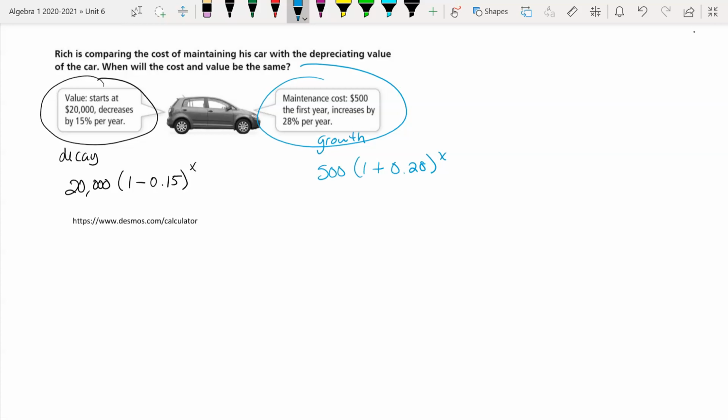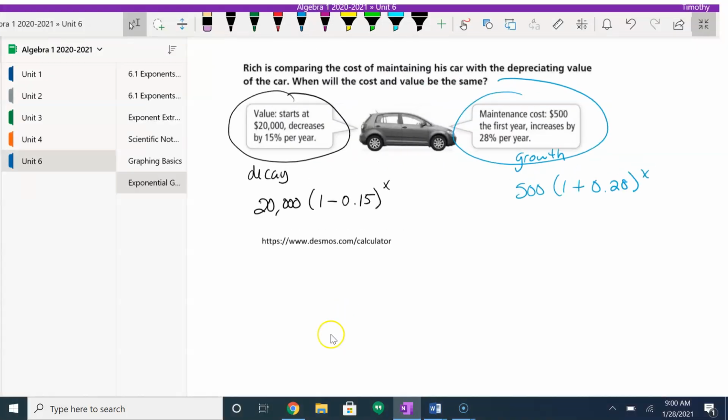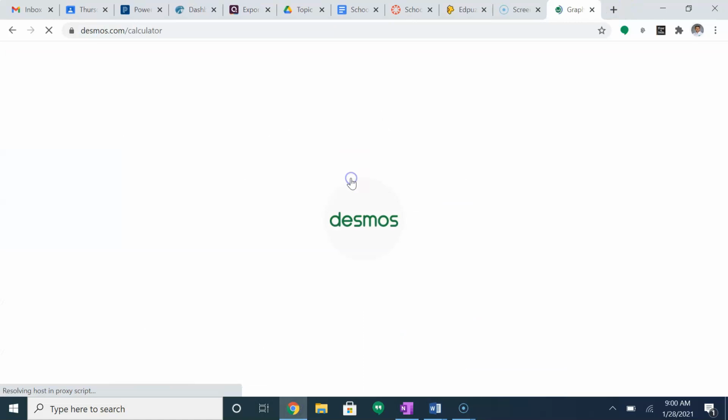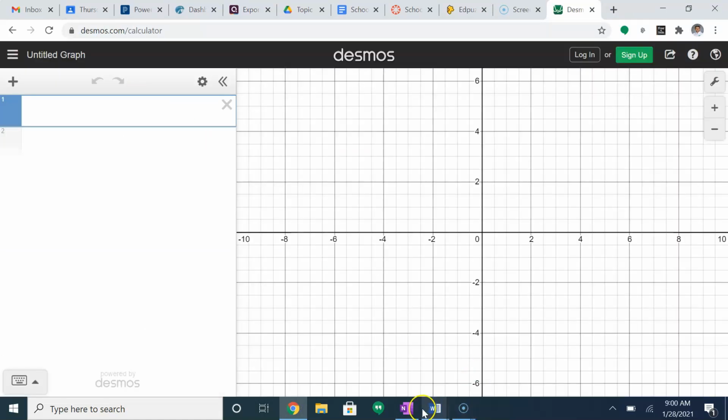So what we're going to do is take those two equations and type them in on Desmos just to see what it'll look like. So we're going to take 20,000 times 1 minus 0.15 raised to the x.